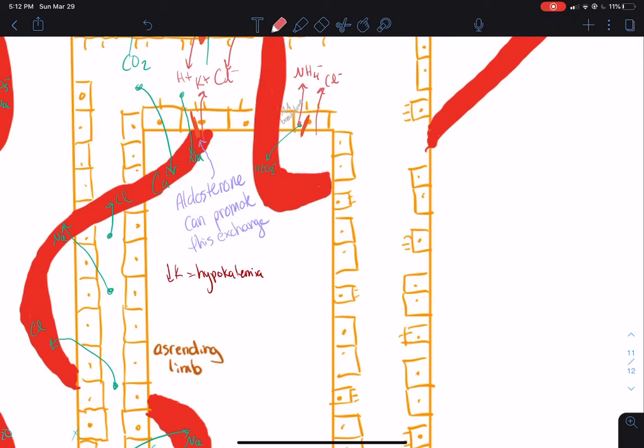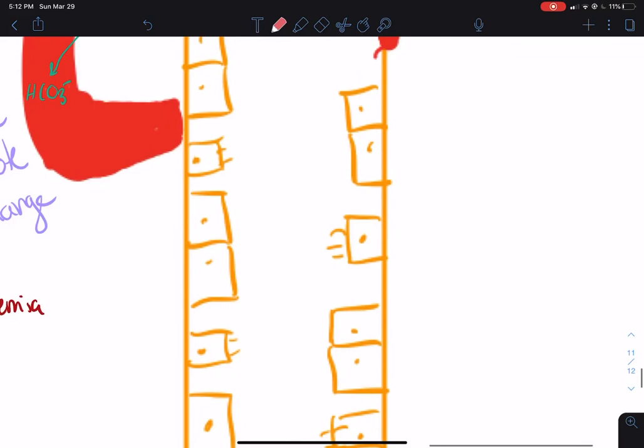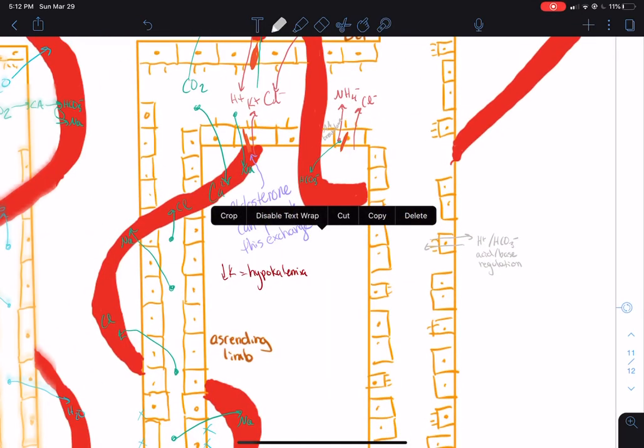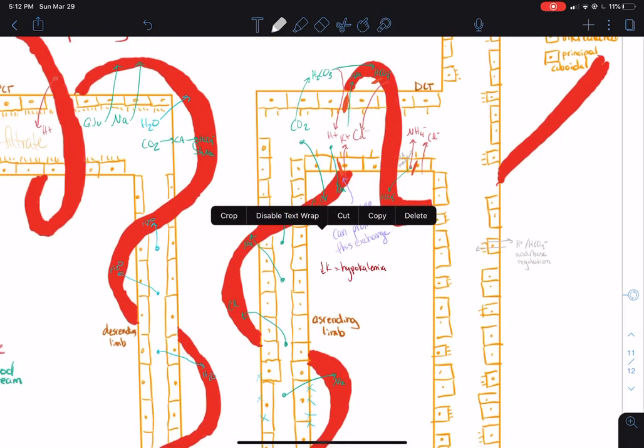Regardless, we need to have a method to control this, so I'm going to arbitrarily pick one of these cuboidal epithelial cells, and we might have an exchange of hydrogen protons or bicarbonate ions in order to maintain acid-base regulation. So that can happen here, not really in a large amount, but it can happen down here.